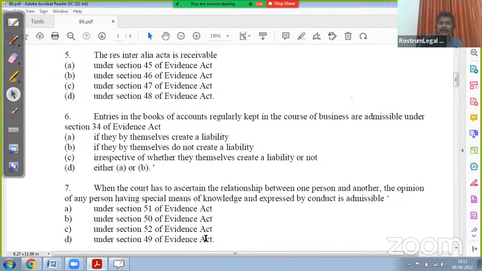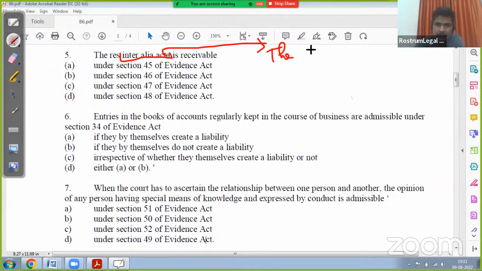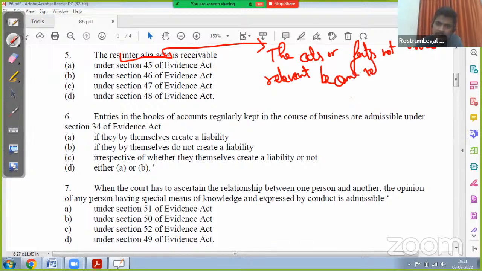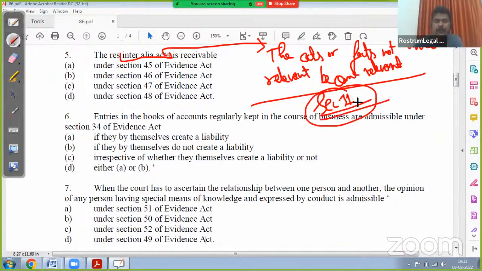अब देखिए, पहले तो इंटर एलिया एक्टा का मतलब समझ लेते हैं व्हाइल यू आर आंसरिंग दिस क्वेश्चन. रेस इंटर एलिया एक्टा मीन्स द एक्ट्स or you can say facts not otherwise relevant become relevant. तो ये चीज एक तो आपको सेक्शन 11 में देखने को मिलेगी, दैट इज टॉकिंग अबाउट plea of alibi meaning being elsewhere.